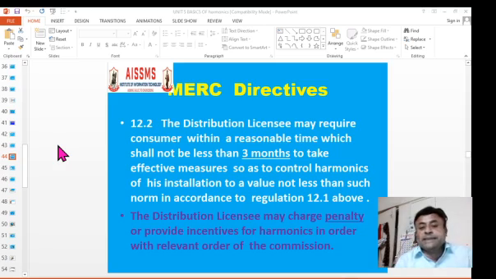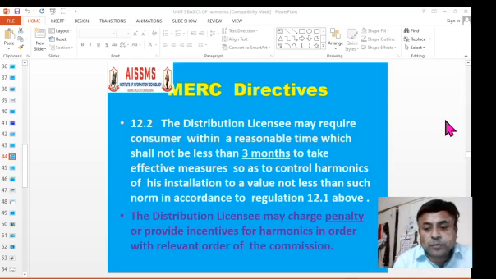So in this way, MERC has given directives that if the harmonics are beyond the permissible limit as stated by IEEE 519, then a period of 3 months will be given to the consumer, and within this period, the consumer should bring down the exceeded harmonics below the permissible range. The distribution licensee, on the other hand, may charge a penalty or provide incentives for harmonics in accordance with the relevant order of the commission.